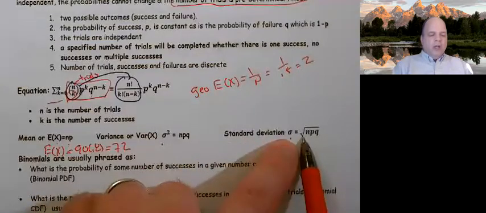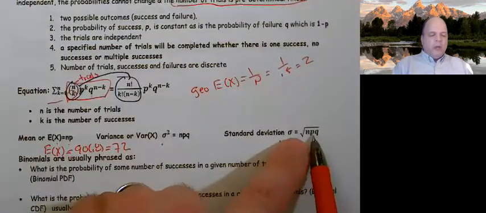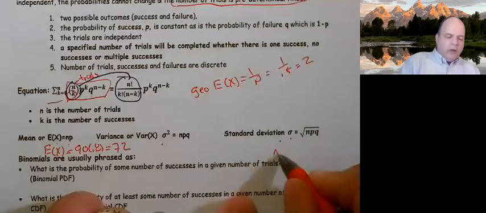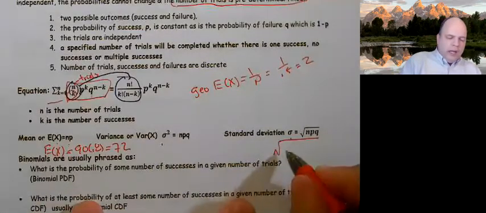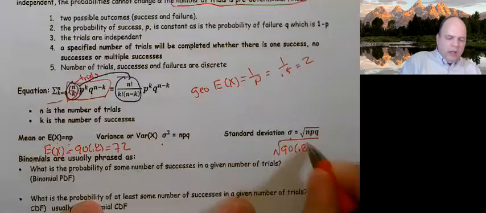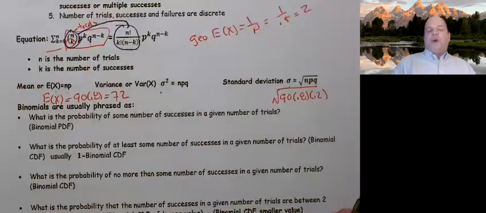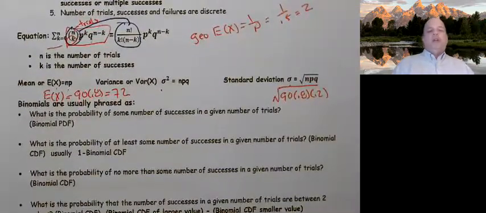Standard deviation is the square root of the number of tries times the probability of success times the probability of failure. So for my little example that I just did, we had 90 tries, the probability of success is 0.8, the probability of failure or miss is 0.2. Okay. Geometrics were always phrased as what is the probability of the first happening.